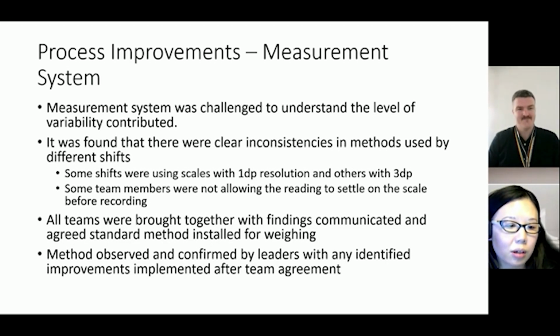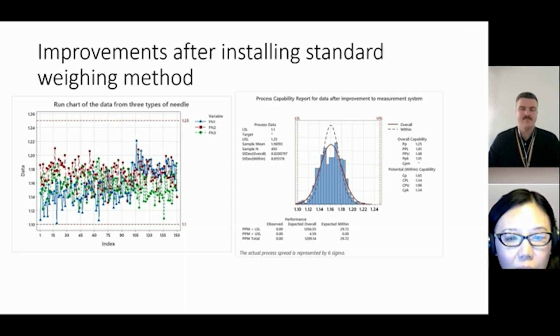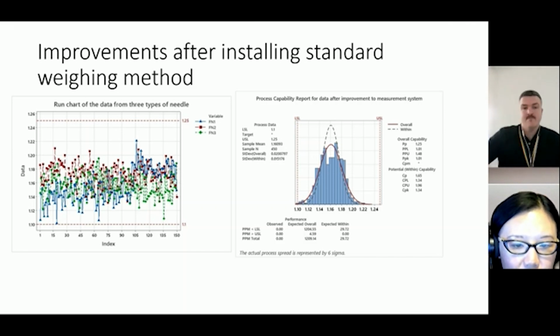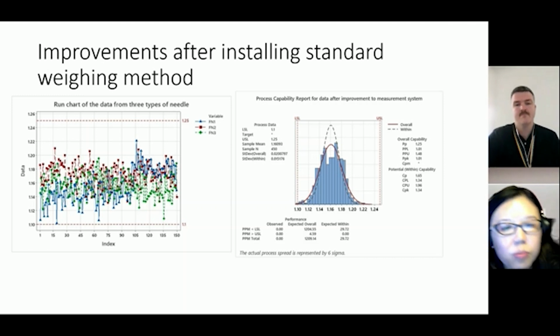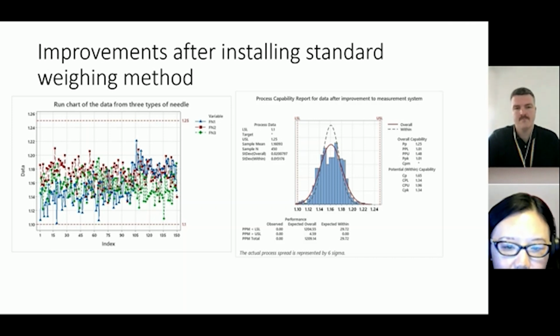That sounds great. Let's have a look at the data. Well, this time that looks much better. At least they're all within spec as far as I can see, looking at the run chart. And for the capability, I can see there's an improvement. At least now your process is more centered between the upper and lower specs.